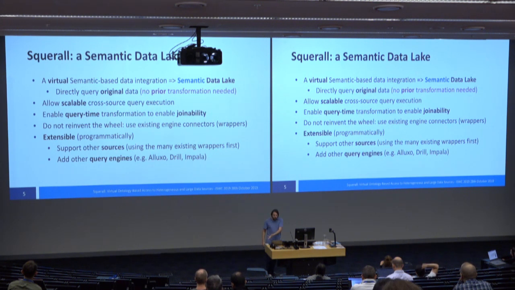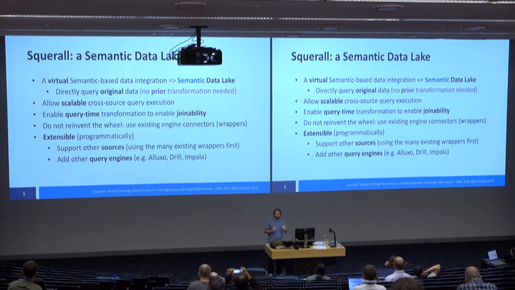So it's a virtual semantic-based data integration system, directly querying original data. I mean, no prior transformation needed. So the idea is that Squerall, we will see that a bit later, is directly touching and querying or subquerying the various sources. It allows scalable cross-source query execution, and enables query-time transformation thanks to the Function Ontology, which we'll describe roughly later, and which has already existed for 2 years now.